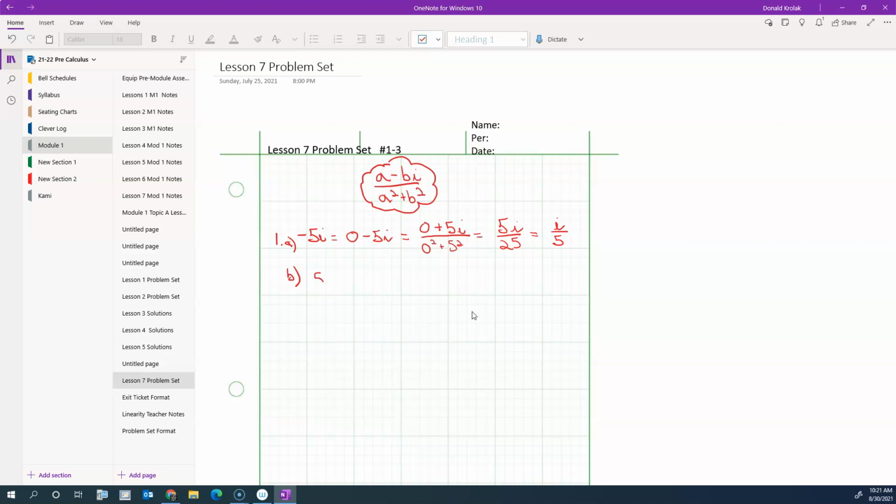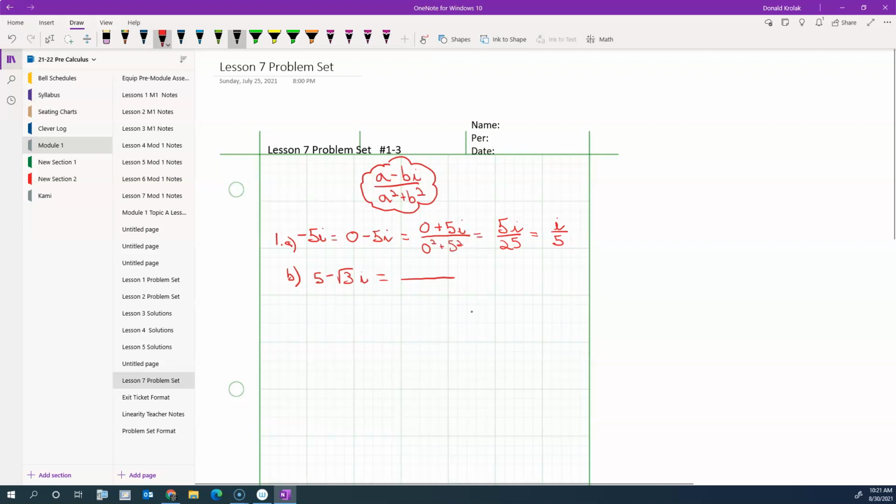Okay, 5 take away root 3i. So what's our conjugate going to be?